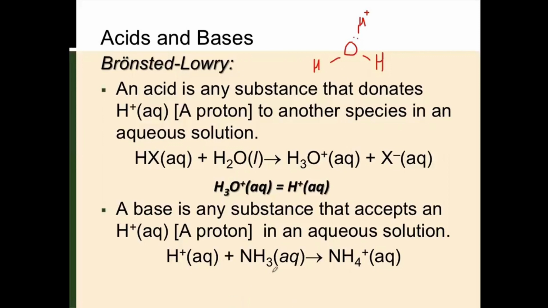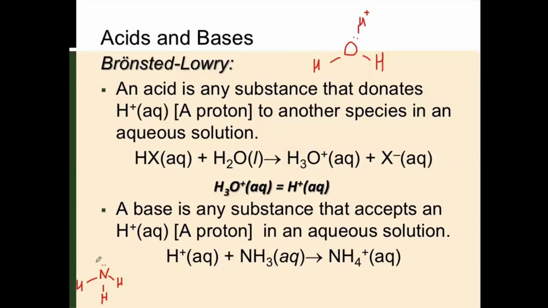And so that's why things like ammonia are bases under this definition, because they can accept a proton. So remember, if we go back to our atomic structure, our VSEPR, and our electron pair geometries, or even our Lewis structures, we will hopefully remember that the nitrogen has a lone pair.